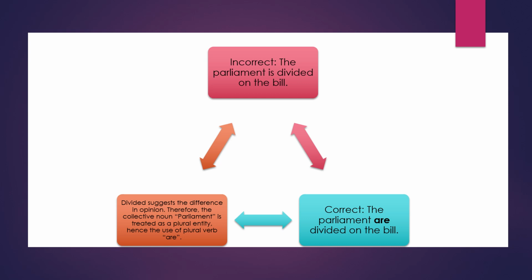Here we are not referring to one body, rather we are talking about the people who make up parliament. It is not that parliament is divided, it is the members of parliament who are divided. Therefore, whenever a collective noun in a sentence gives out multiple opinions or any kind of difference, you will always treat that collective noun as plural. Therefore, the verb that follows will always be plural. So the correction will be replacing "is" with "are": the parliament are divided on the will.